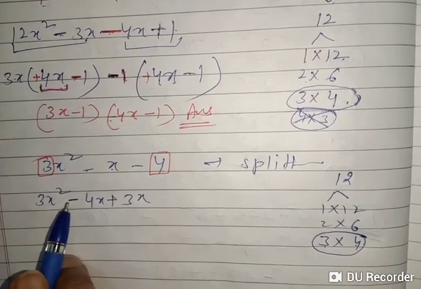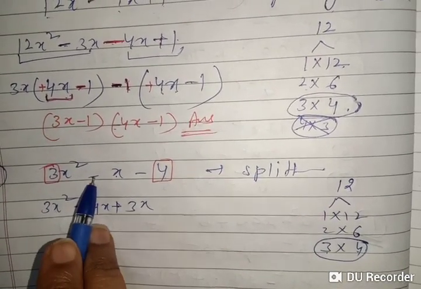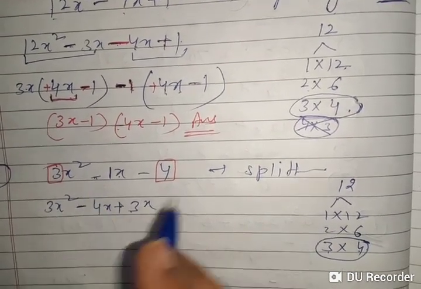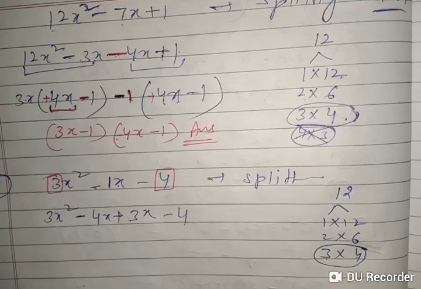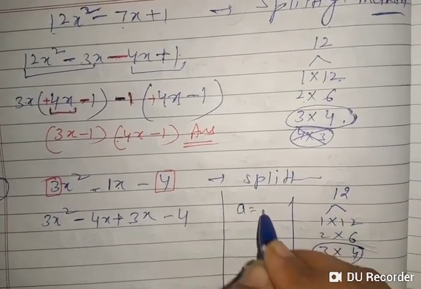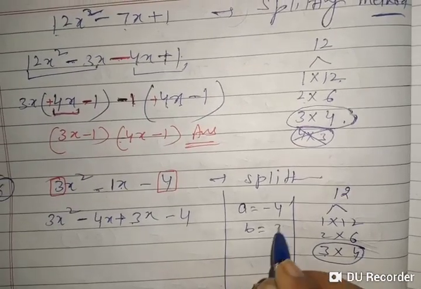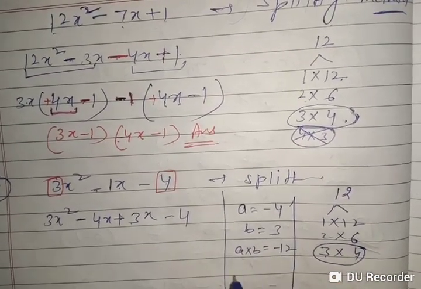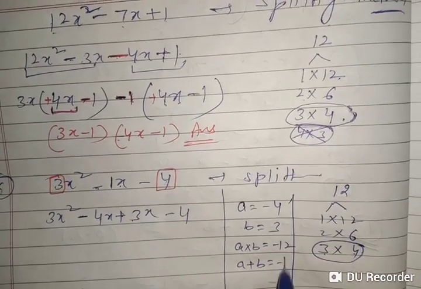Now check. Minus 4 plus 3 is minus 1. This minus 4 as it is. And you can check: here A is minus 4 and B is 3. So A into B is minus 12 and A plus B is minus 1.